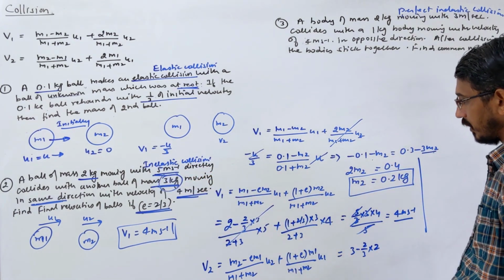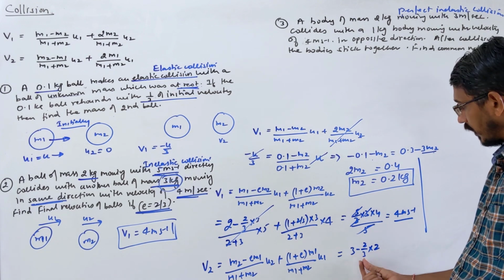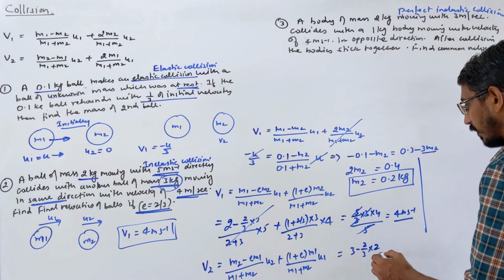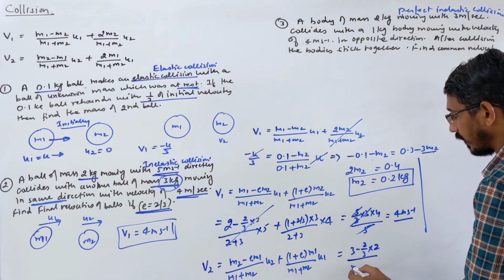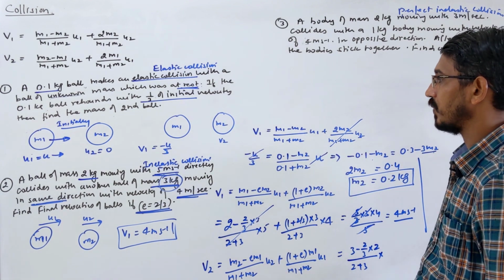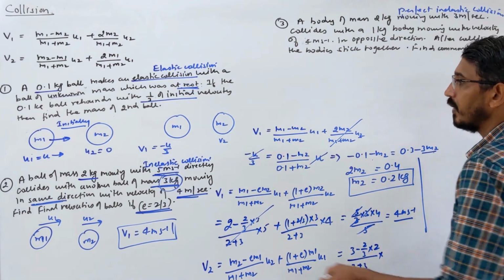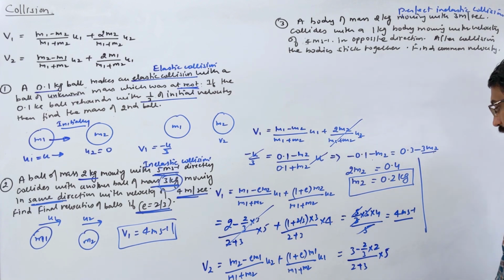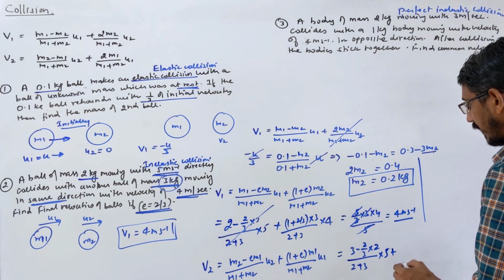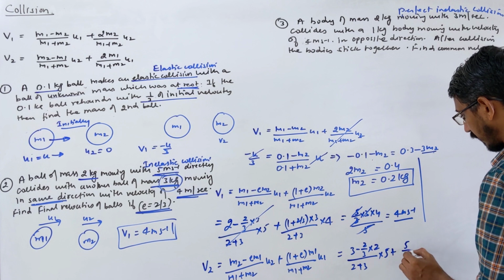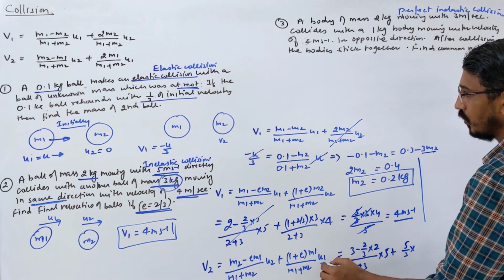If you see, this term also becomes 0. No, this doesn't come to 0, sorry. Divided by m1 plus m2, 2 plus 3, into the velocity of the first ball. What is the velocity of the first ball? u1, which we wrote as 5 there, okay. Plus the next term, 1 plus E, which means 1 plus 2/3, directly 5/3, into u1.